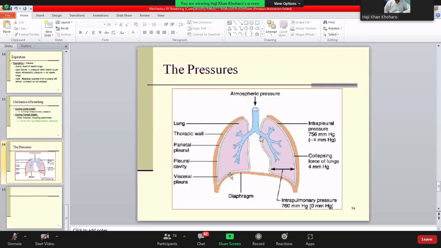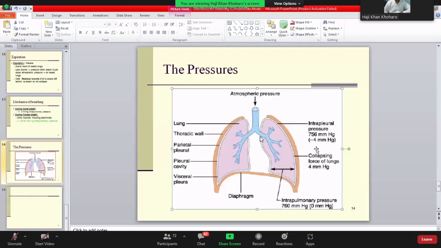This diagram is a very nice illustration showing the collapsing force of the lung, -4 millimeter mercury. This is actually the negative intrapleural pressure. This negative pressure reduces the intrapulmonary pressure. If it becomes lower than the atmospheric pressure, the air is inhaled.